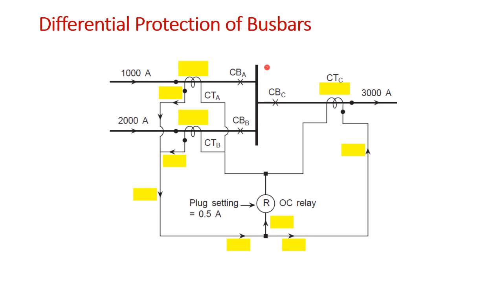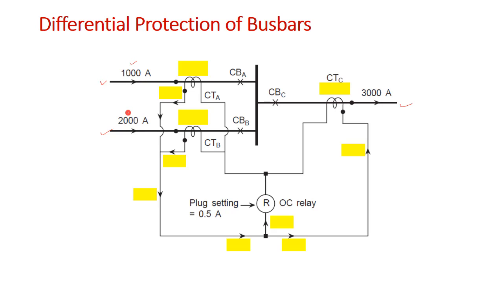You can see here that we have a busbar and we have 3 lines connected to this busbar, 2 incoming lines and 1 outgoing line.